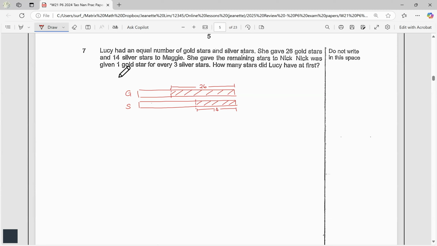Now what Nick got is 1 gold for every 3 silver. What this means is that the number of gold is actually 1 unit and the silver will be 3 units. Because if you receive 3 silver for every 1 gold means that the silver will be 3 times of the gold. Okay, so the silver will be 3 units and the gold will be 1 unit.